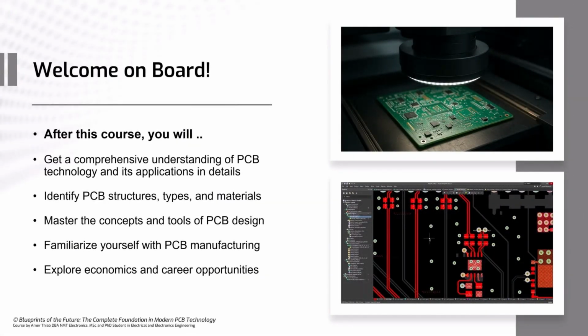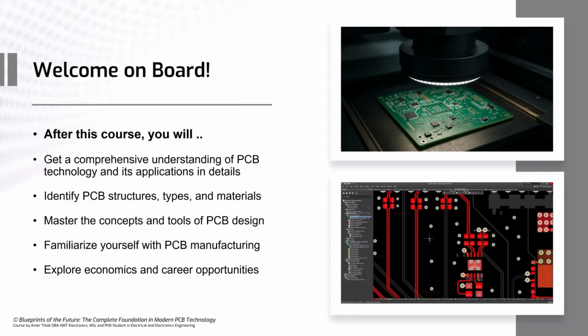Welcome again. Before we dive into the technical content, let's set the stage for what you'll gain from this course. By the end of this course, you'll have a solid, well-rounded understanding of printed circuit boards, how they work, why they matter, and how to work with them confidently in real-world scenarios. First, we will explore the full scope of PCB technology and its applications.